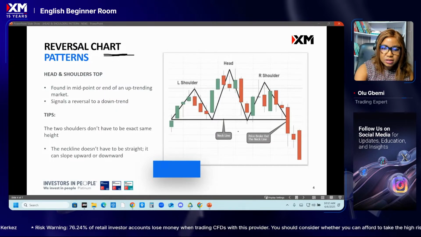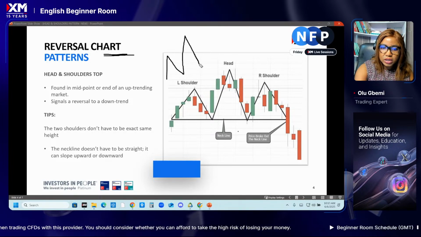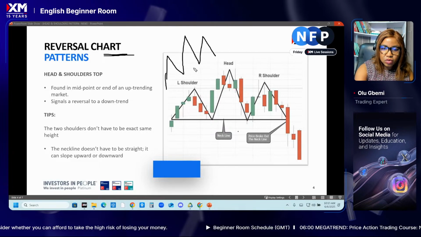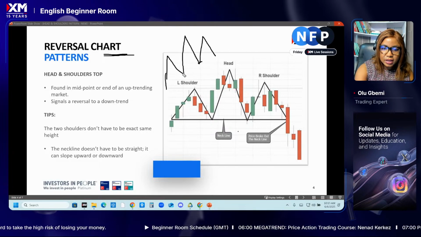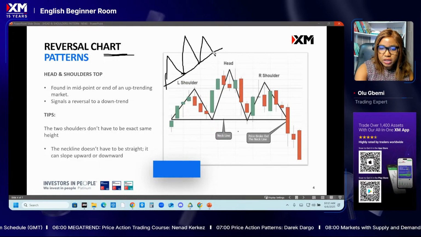Whatever the case, that will still amount to head and shoulders. So we can have head and shoulders like this, where you notice that this new low here is a bit higher than this one. In that case, the neckline is a bit bent. It's not exactly straight like this one.